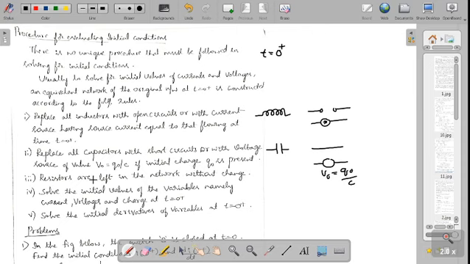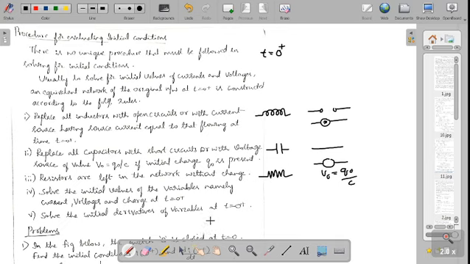Then if there is a resistor in the circuit and you are asked to evaluate at t equal to 0 plus, you need not replace the resistor with anything. You keep the resistor as it is, there will be no change. These are the things which you need to keep in mind while solving the problems.